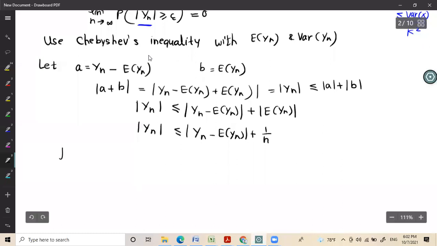Right. Now let's see how to prove the convergence. We go back to our original limit, the probability that |Xn minus X| is greater than or equal to epsilon.